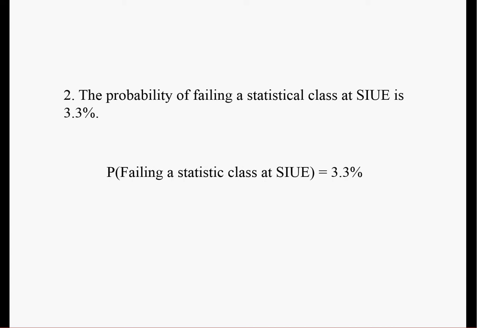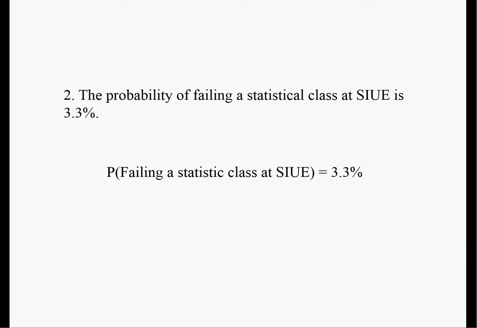For example, if you only say failing a class, it is not quite clear what kind of class and at where, because depending upon classes, they may have a different failing rate.